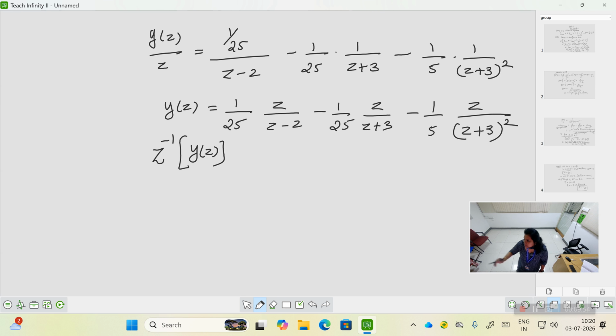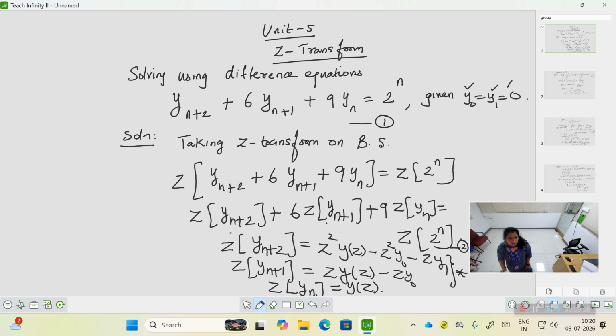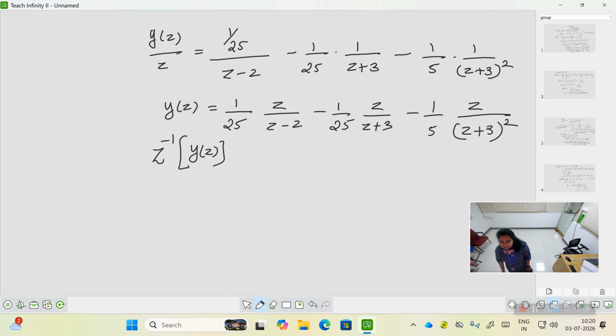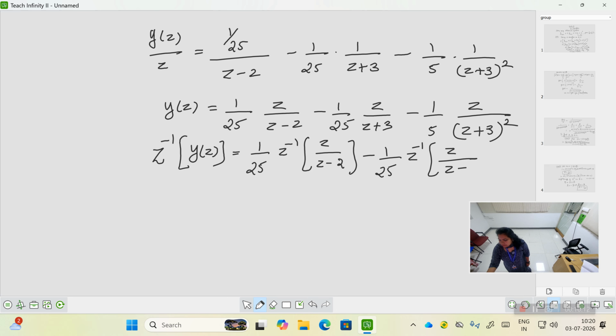The question is solving using difference equation for finding the inverse. So take the inverse now. 1 by 25 z inverse of z by z minus 2, minus 1 by 25 z inverse of z by z plus 3, then minus 1 by 5 z inverse of z by z plus 3 the whole square.